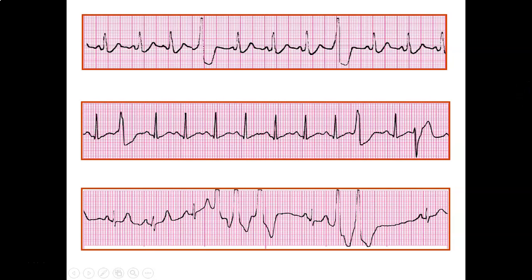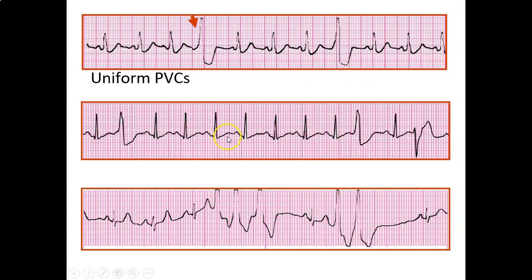Now, if you look at these three complexes, we are going to learn the terminology for these PVCs. Look here, two PVCs. These are normal, three complexes, then PVC. The shape of these PVCs is the same. If you get the same shape of PVCs, it's called uniform or unifocal PVCs.